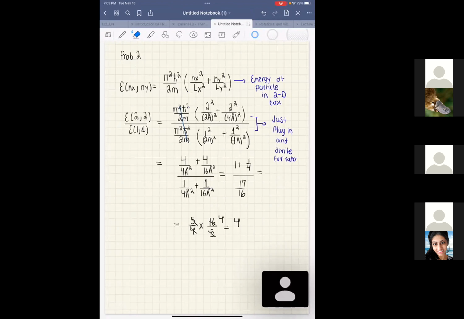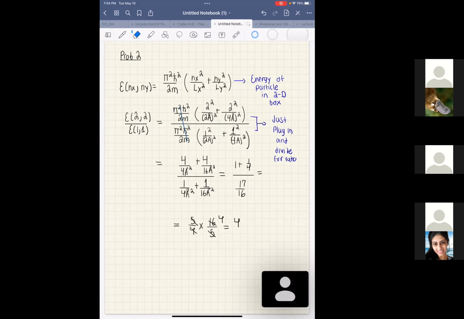The next problem asks you to consider a particle of mass m in a 2-dimensional box with the length L of x equal to 2 angstroms and L of y equal to 4 angstroms, where 1 angstrom is equal to 10 to the negative 9 meters. Using the notation E of Nx, Ny for the energy eigenvalue corresponding to the quantum numbers Nx and Ny, find the value of the energy ratio E of 2,2 over E of 1,1.